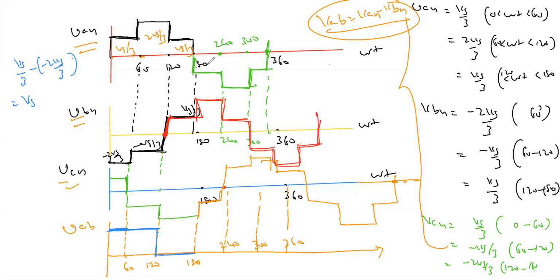Minus here, minus VS. And 240 360, minus VS. So VS minus VS. Again the same thing repeats. 300 360 there is a gap. Again it repeats. So every 120, this is 120 and there is a gap of 60. This is how the waveform here, VAB.